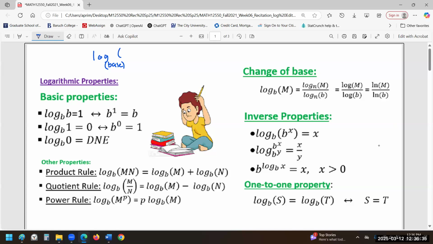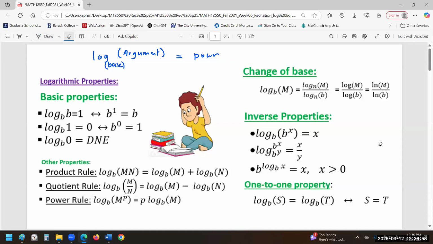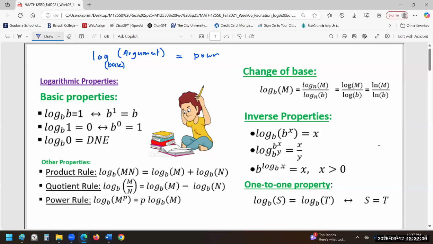Whatever we have next to the log, we call it argument. And if your log is equal to something, whatever we have on the other side, we call it power or exponent.